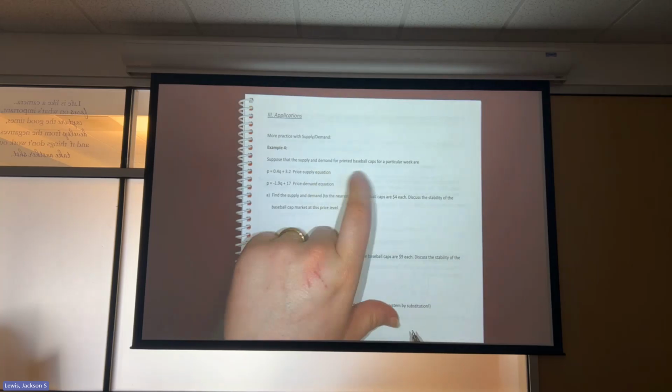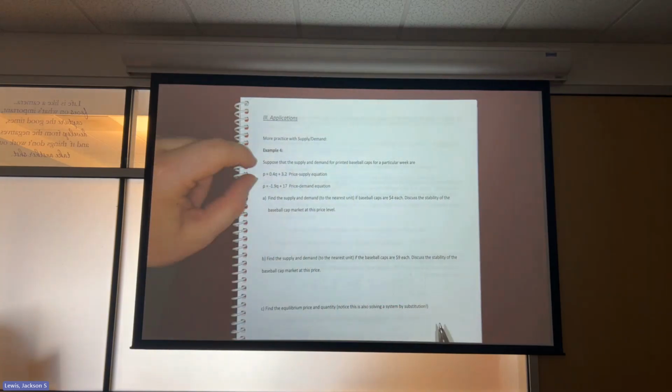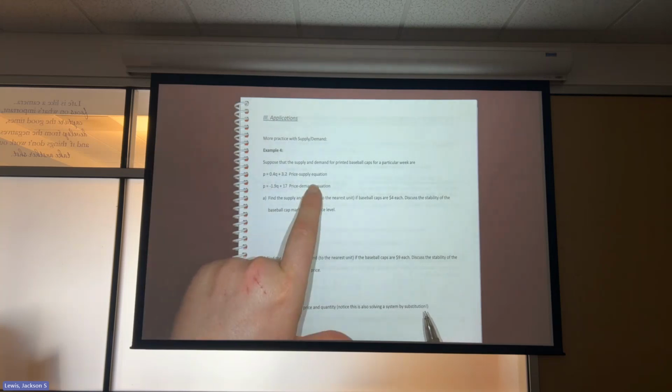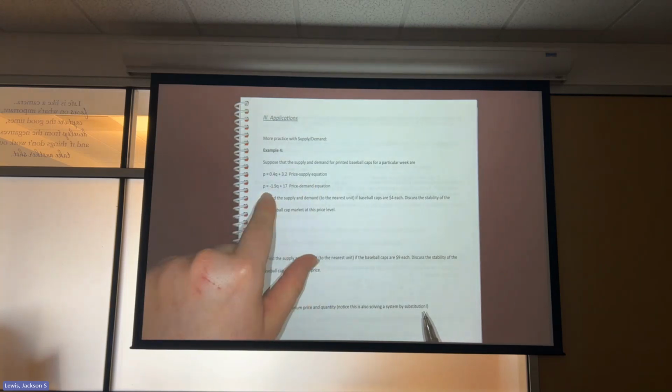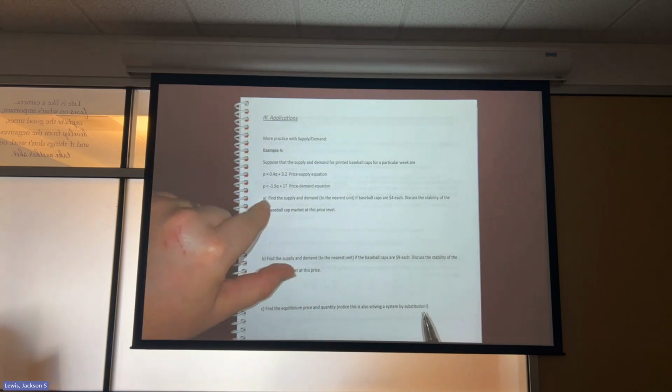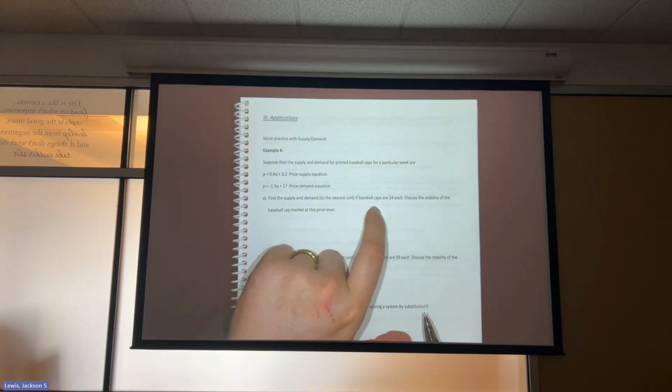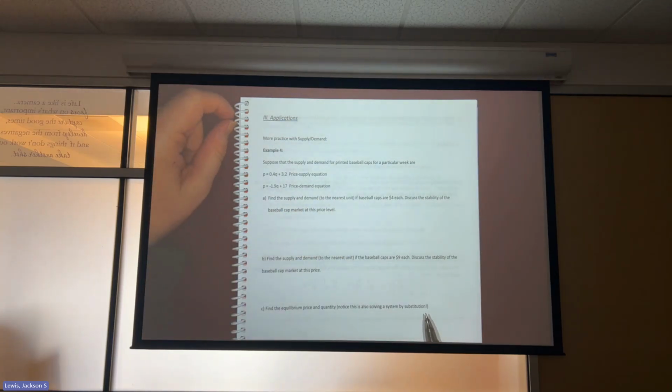Suppose that the supply and demand for printed baseball caps are given by these two equations. So I have a supply equation given price and a demand equation. It says find the supply and demand if baseball caps are $4 each.